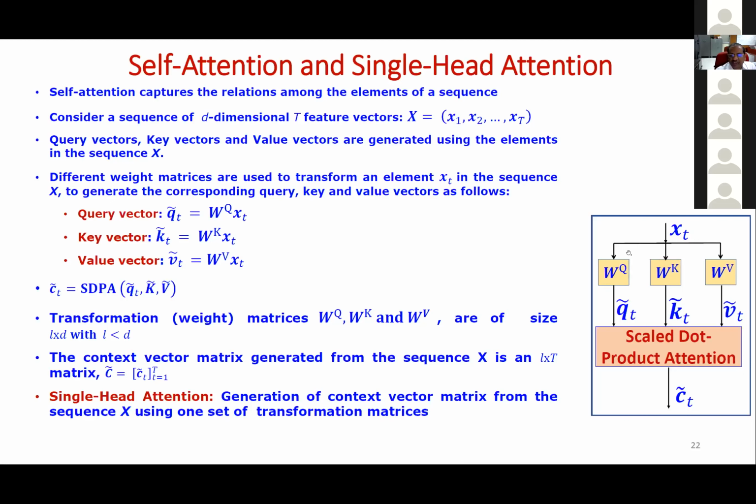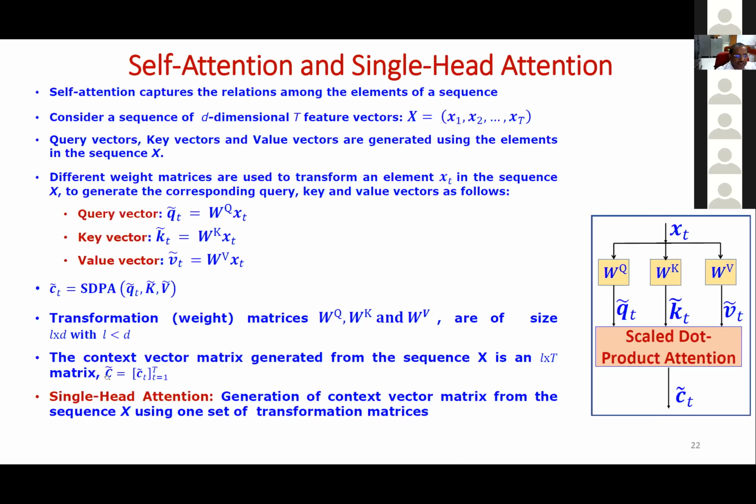As you can see here, Xt goes as input to all these blocks with the different parametric matrices, and then we generate the query vector, key vector, and the value vector. Then we apply the scaled dot product attention in order to generate this context vector C. Okay, and typically, for certain reasons, the W matrices here are of size L cross D. D is the dimensionality of the feature vectors in the input sequence, and typically L is less than D. And these L-dimensional representations are what are being processed here.